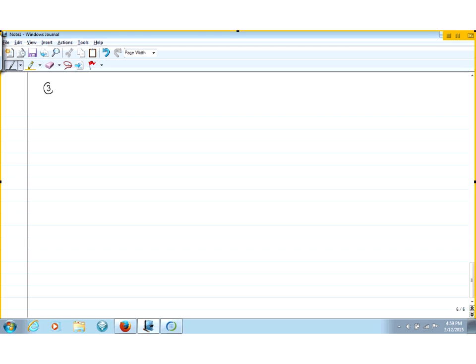Good. Now, next one, number 3. So we have the sum of the first 30 terms is equal to 5580. And we know that the 30th term is 360.